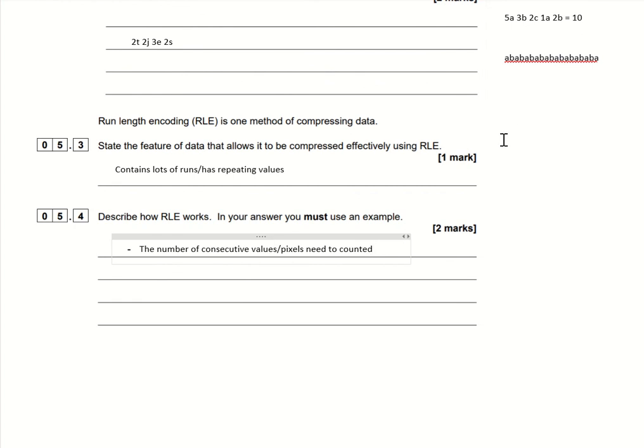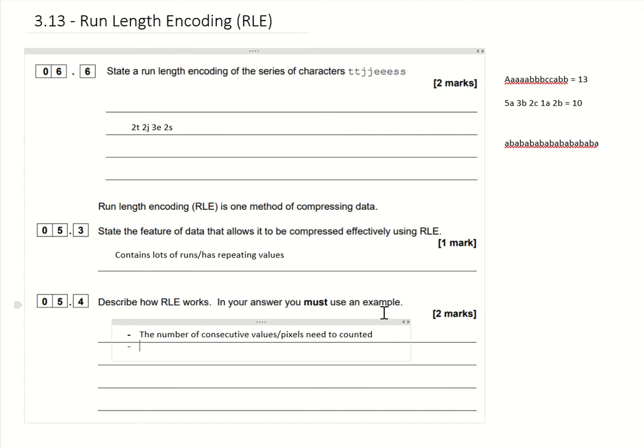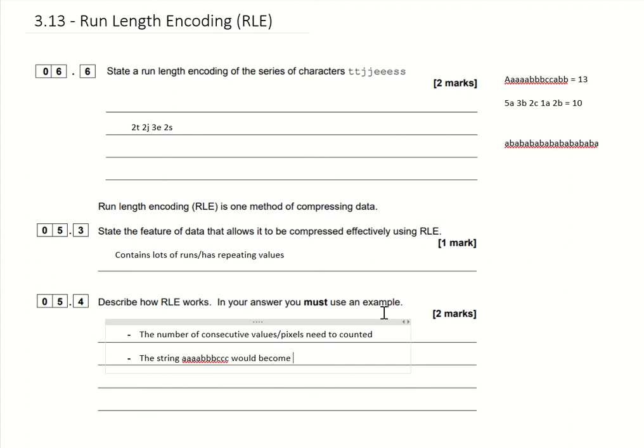So these values are counted. So A counted, say, 5 times. That's basically what happens. It's counted. And then to give an example, you can just use an example like I used before. I could say something along the lines of the string AAAA BBB CCC would become 4A 3B 3C, like so.